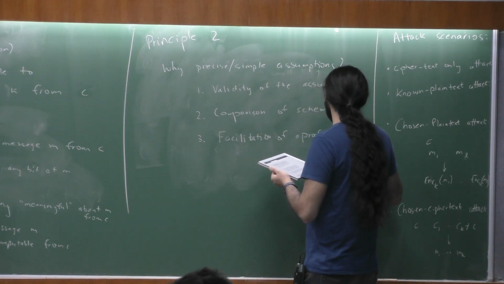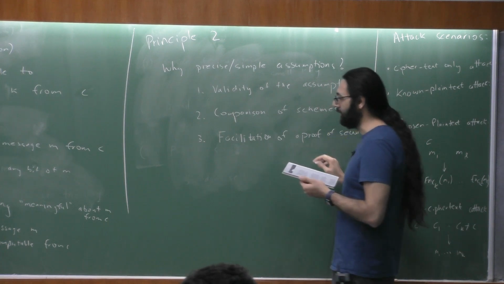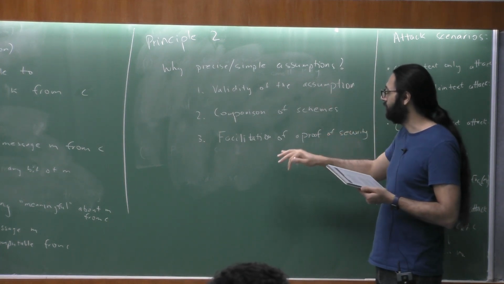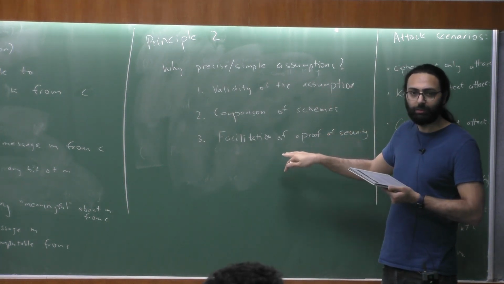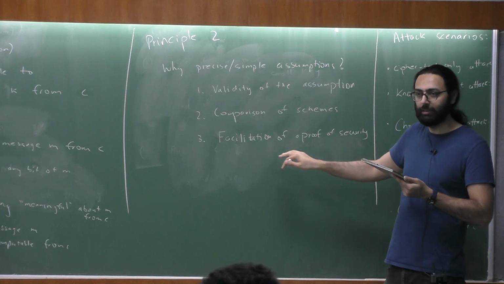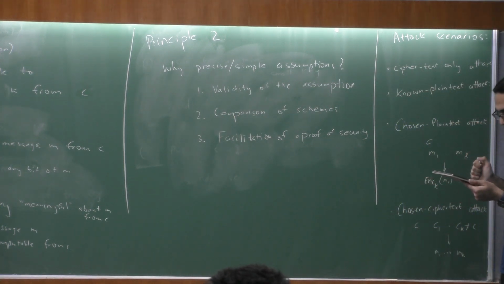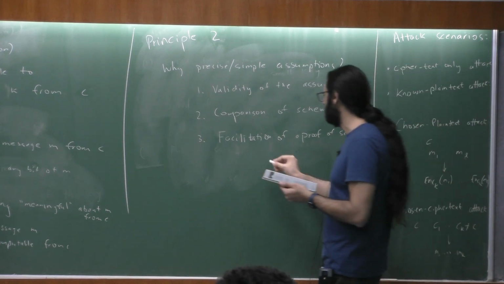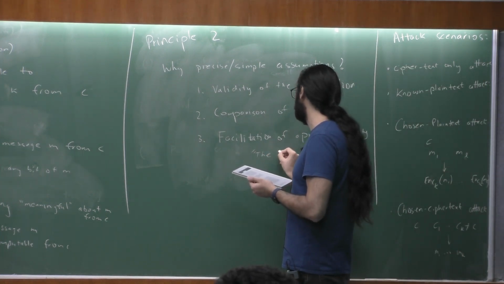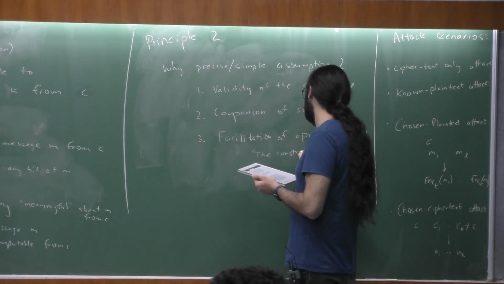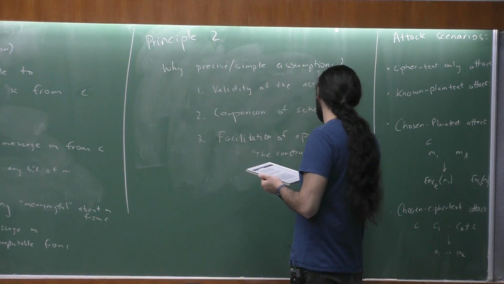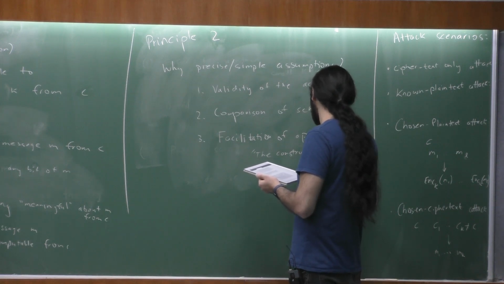Okay, so this is essentially the same point that we had before, that you want to prove the security by reducing it to, I'll formalize what that means in just a second, this assumption that you've stated. So we want something along the lines of: the construction is secure if the assumption is true.